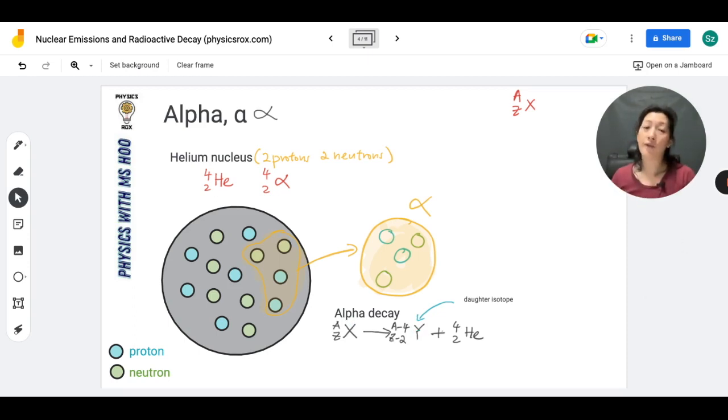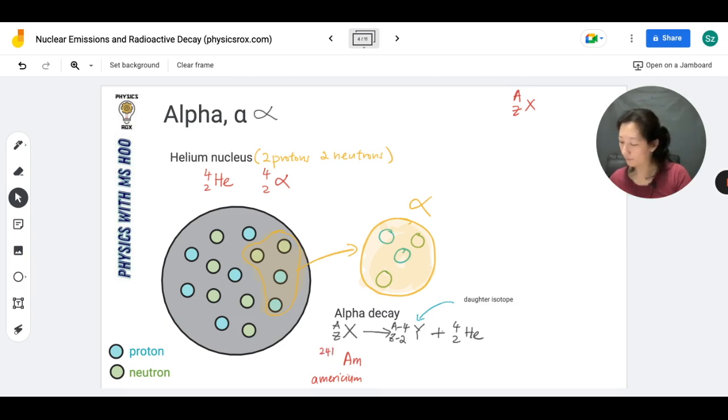So to give you an actual example of a radioisotope that has undergone alpha decay, an example I'm going to use here is americium-241. Okay, so americium-241 means it has 241 nucleons.